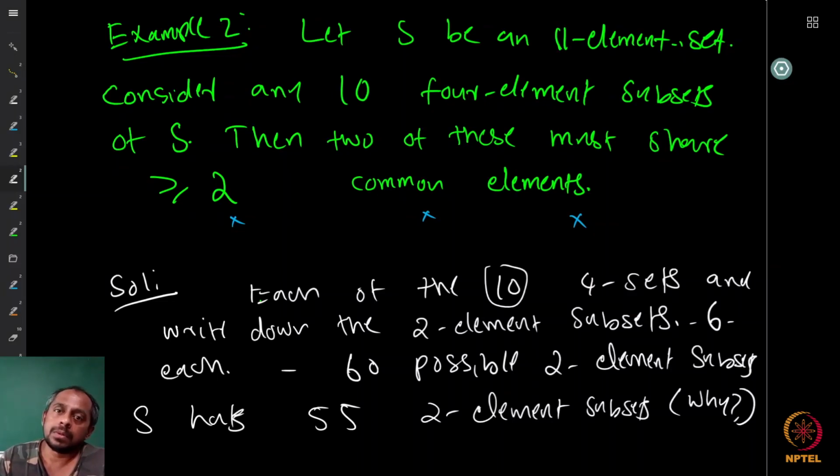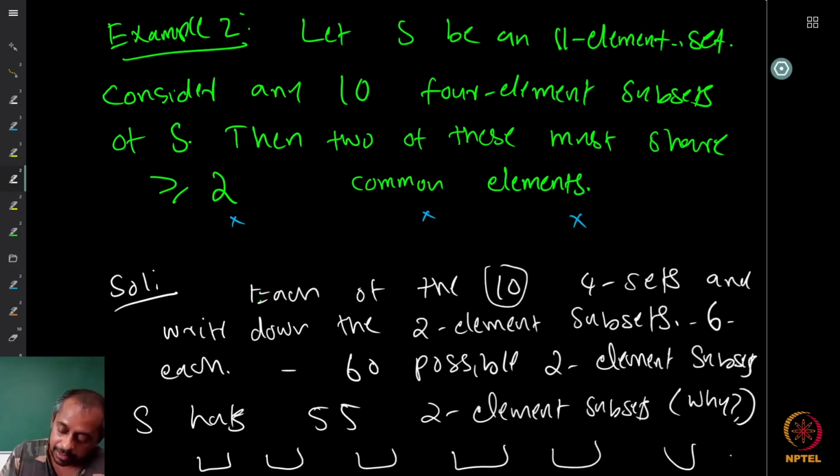Now once you know that there are only 55 possible 2 element subsets, we can make pigeonholes, right? We make the 55 labeled boxes with each of these 2 element subsets. Now we know that each of the 60 must be one of the 55, because there is no other possibility.